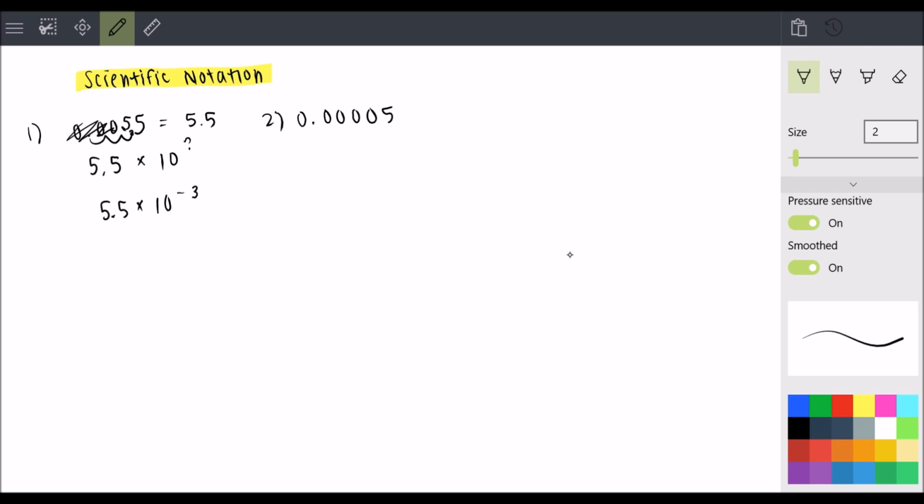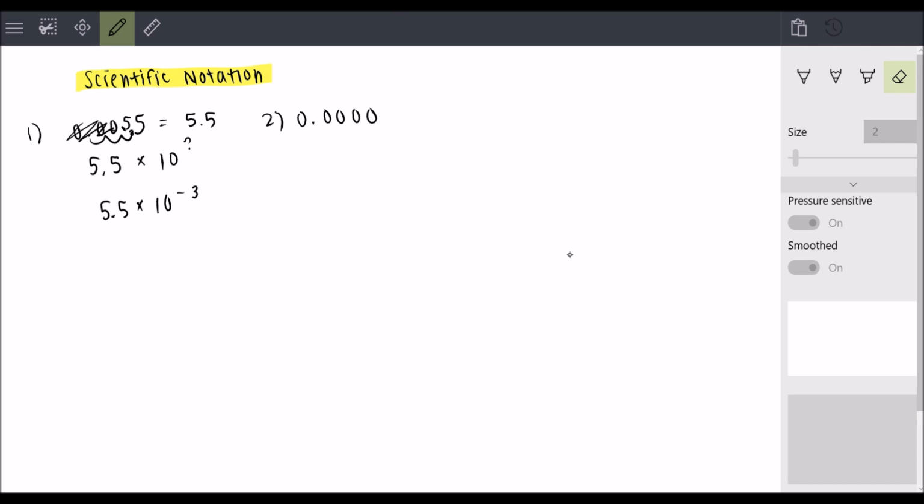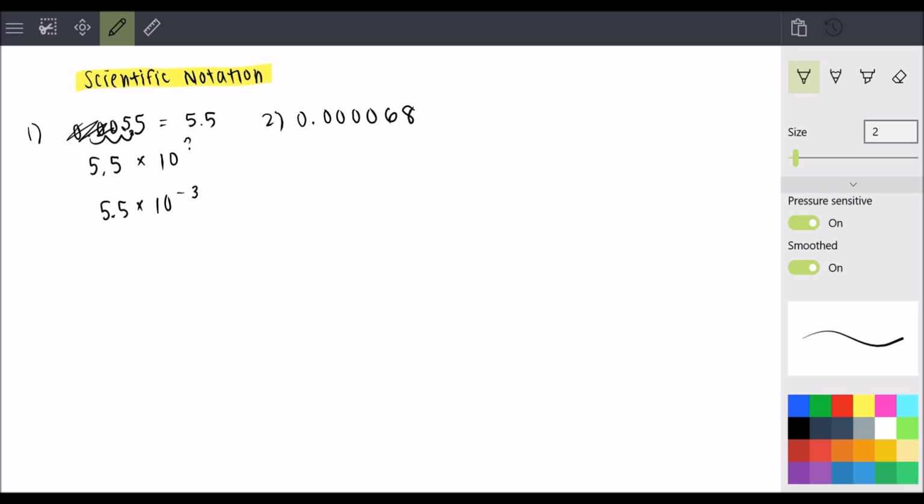For our next example, let's use this really tiny number, 0.0000068. Now that we're more familiar with finding our N value, we can simply tell that our N is 6.8. Now we just need to decide what our A value is.